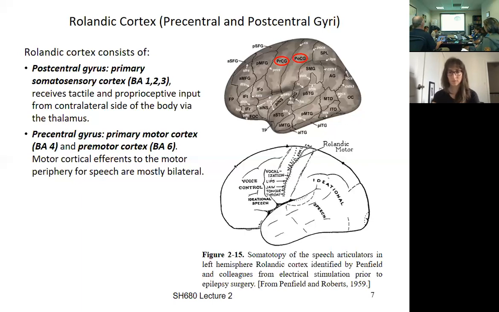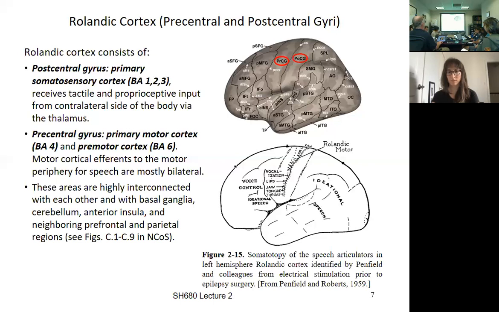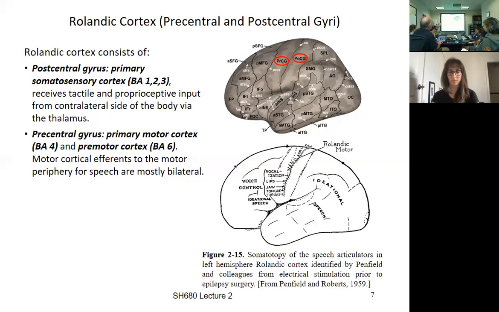Okay, I mentioned that motor cortex efferents, the outputs of motor cortex, are pretty much bilateral for speech. So if somebody went in and could very precisely lesion your left hemisphere primary motor cortex and not premotor, you'd still be fine pretty much. Or, I mean, especially if they did it on the right. There's a little bit of weakness on the contralateral side maybe, but it's pretty much normal because the projections are largely bilateral.